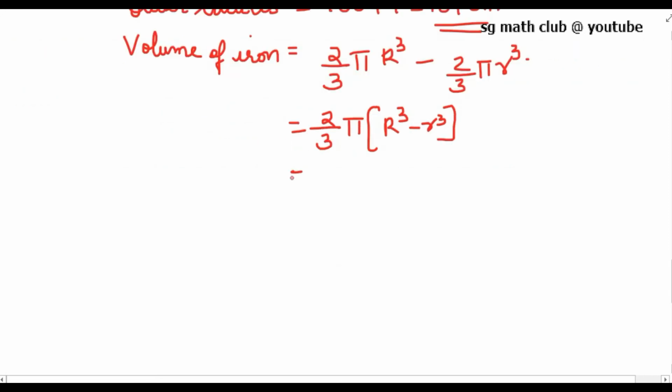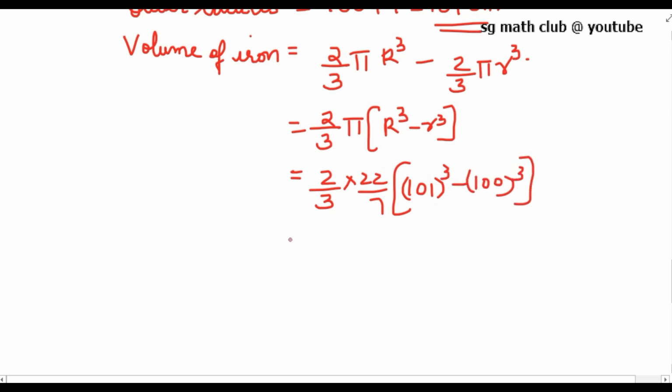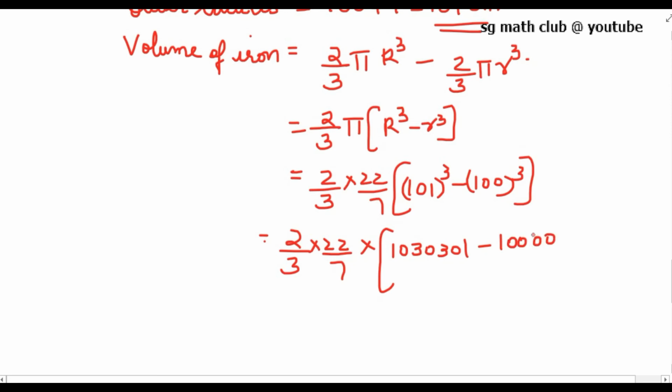So this is equal to 2 by 3 into 22 by 7 into (101 the whole cube minus 100 the whole cube). 101 cube is 1030301, minus 1 followed by 6 zeros, since it is 100 cube.